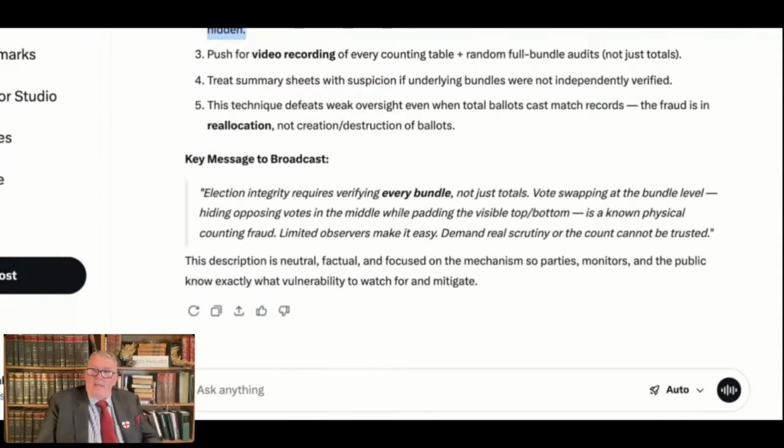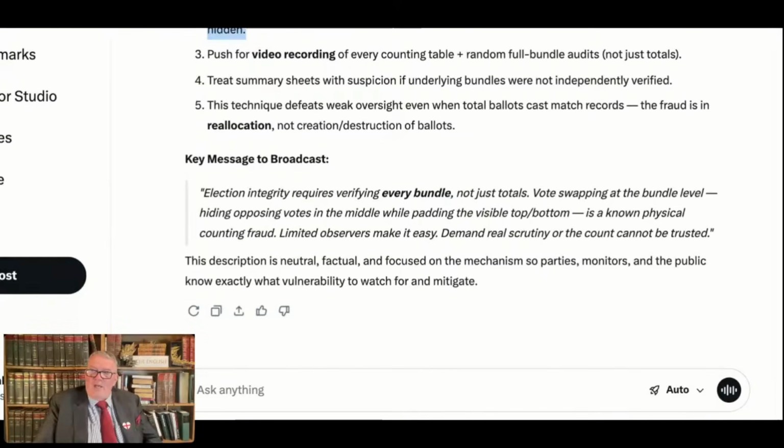Key message to broadcast: election integrity requires verifying every bundle, not just totals or the intermediary totals, which is what they've been doing. Basically, summary sheets, not just totals. This is why it's so important at the count, right?